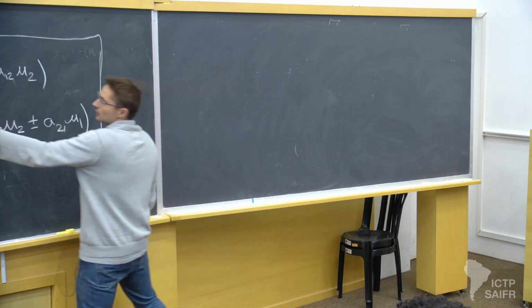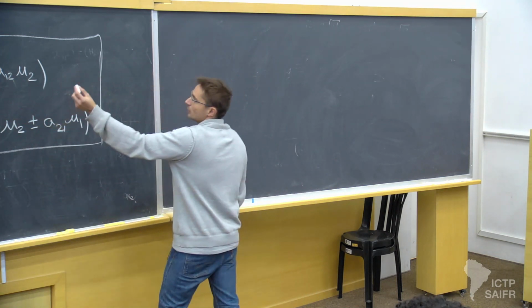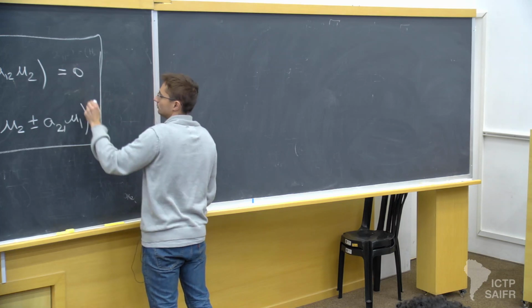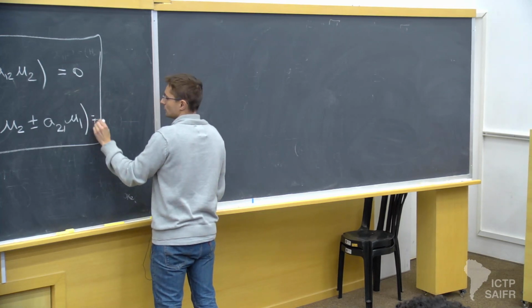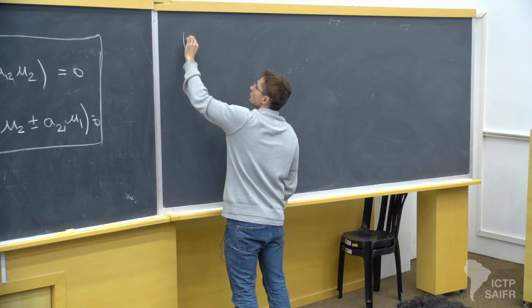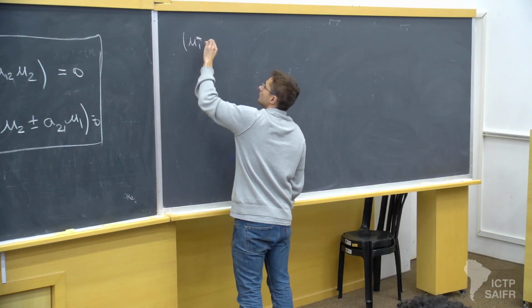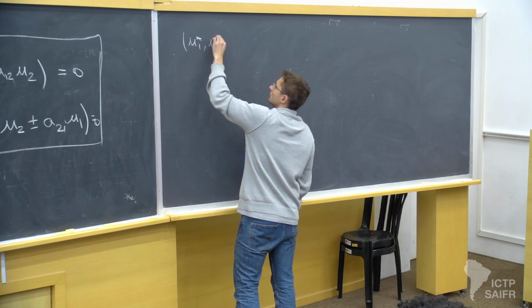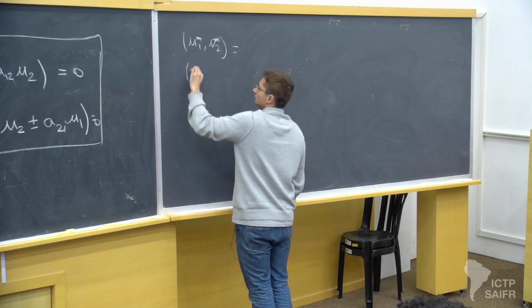We have three steady states that are very easy to find. The first one, which is the first one?